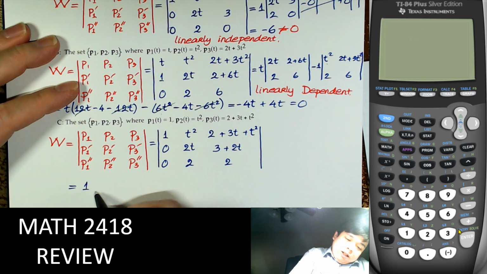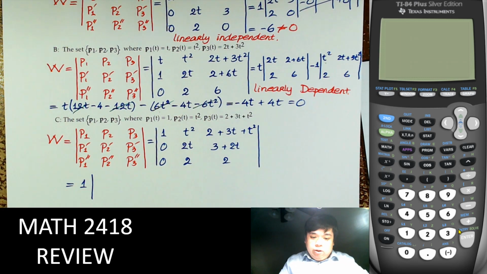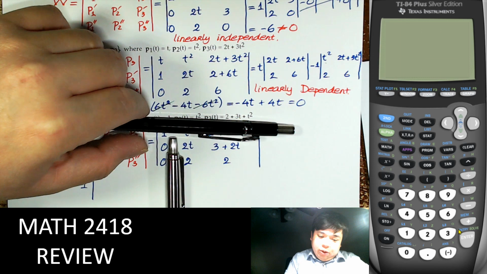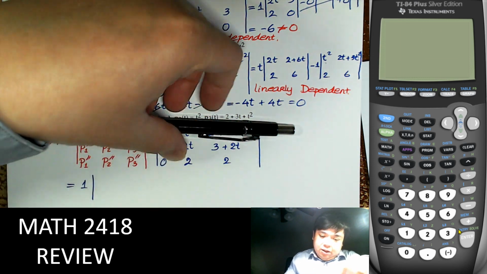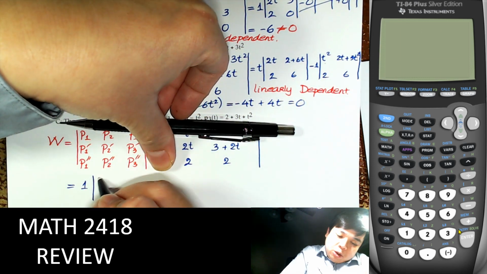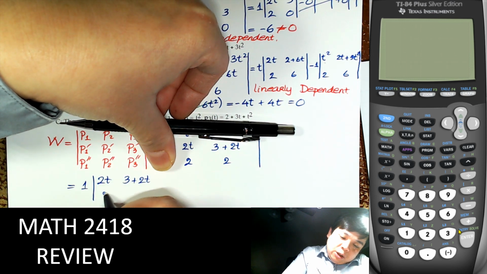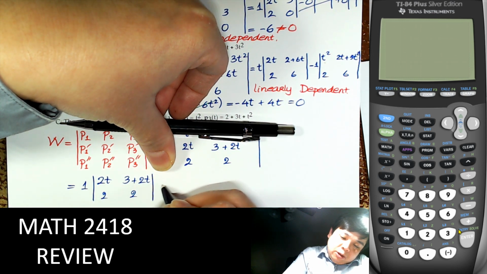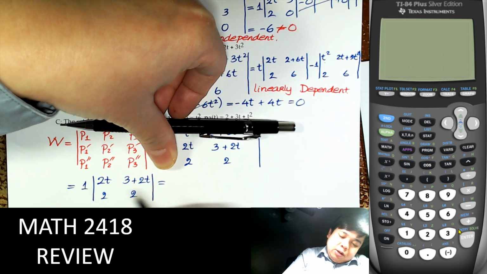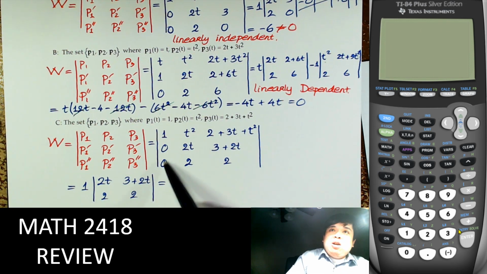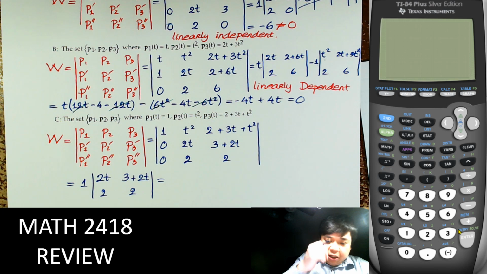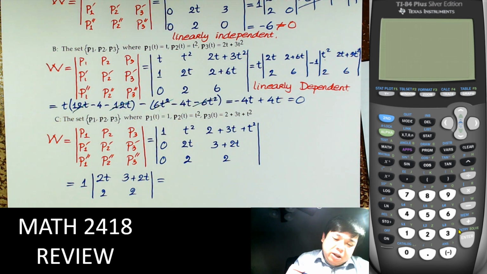So at 1, cover the row and the column that contain 1. We have 2t, 3 plus 2t, 2 and 2. And then we have 0, 0, of course. That doesn't give us anything. So just find the 3 by 3 determinant.